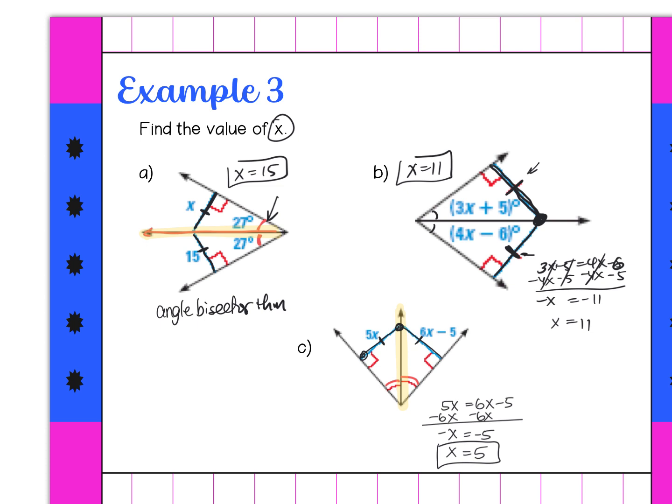So the angles are congruent, and this would be the converse of the angle bisector theorem. And then this last one, we were given that the angles were congruent, so this is the angle bisector theorem. So when you're given the angles are congruent, it's the angle bisector theorem. When you're given that the lines are congruent, it's the converse.